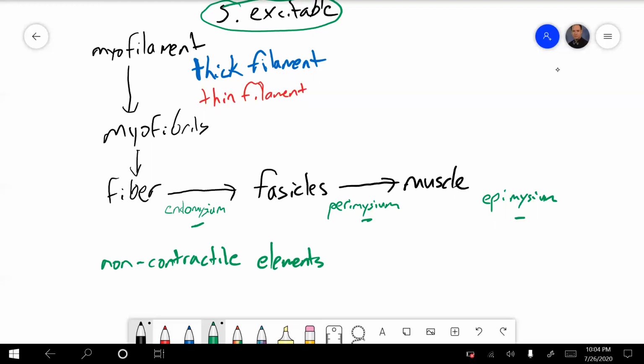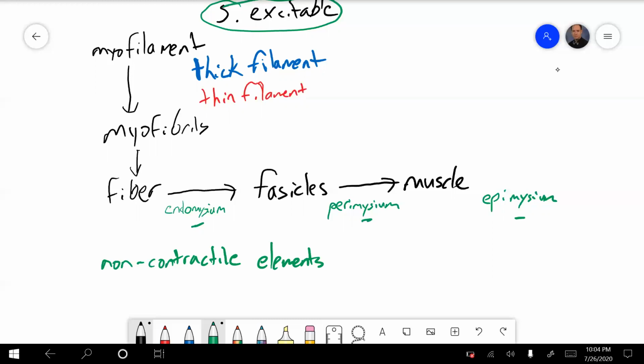And they separate those elements from one another so that we do have this fine degree of motor control. We can contract muscle without contracting the whole muscle because the elements are separated from one another by these connective tissues. Now, these connective tissues are slightly elastic, so they do provide some of the rebound that moves the muscle back to its original position.